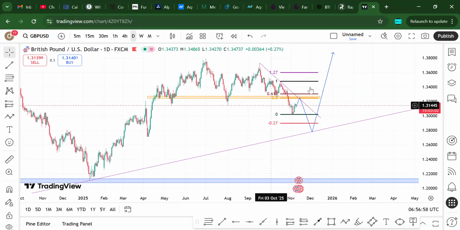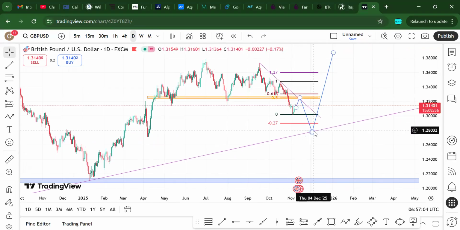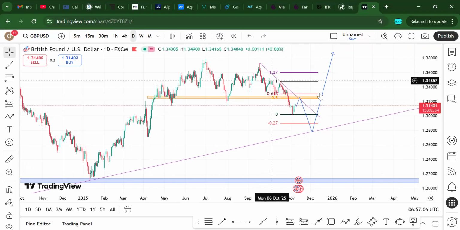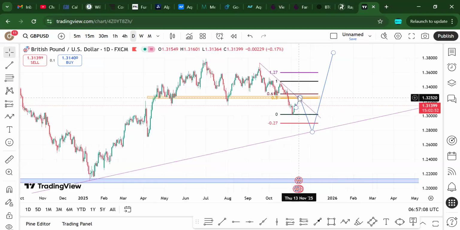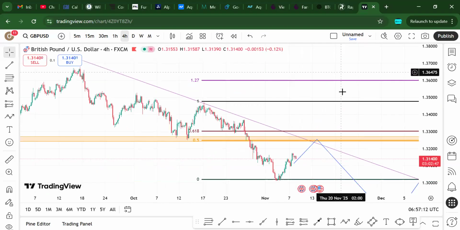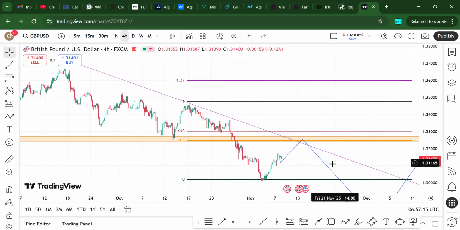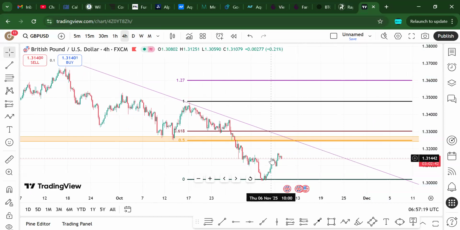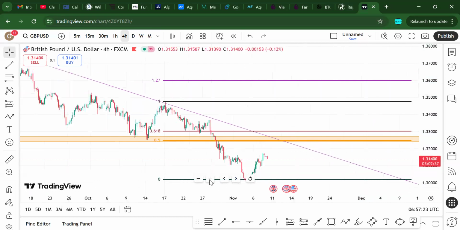But generally, this is the setup I'm looking at for GBPUSD. So I expect it to push up into this area and then come down. So what I'll be doing this week, I'll be focusing on selling GBPUSD. But if I come down to the 4-hour time frame for orders, we can see that you have a higher high, a higher low, and then the market has made a high and it is currently retracing.